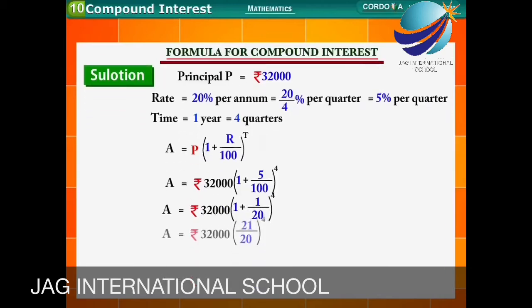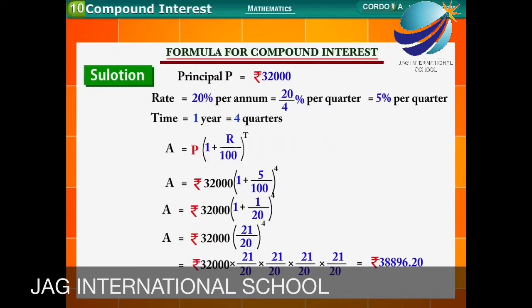A is equal to rupees 32,000 into 21 upon 20 raised to the power 4, which is equal to rupees 32,000 into 21 upon 20 into 21 upon 20 into 21 upon 20 into 21 upon 20, which is equal to rupees 38,896.20. Amount is equal to rupees 38,896.20.